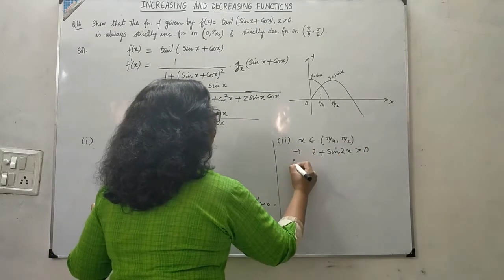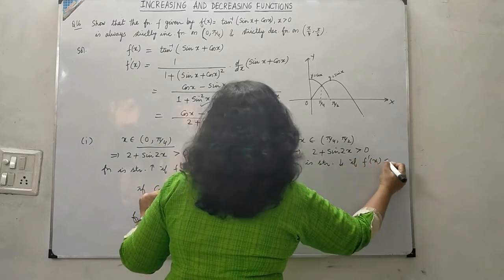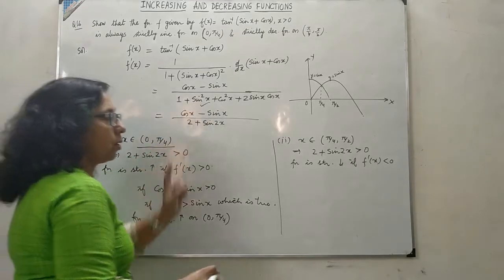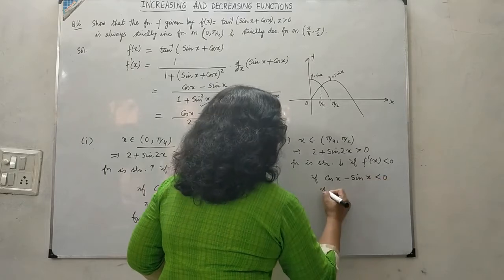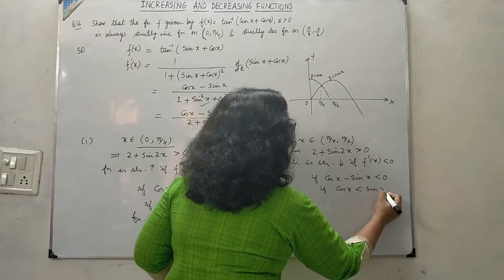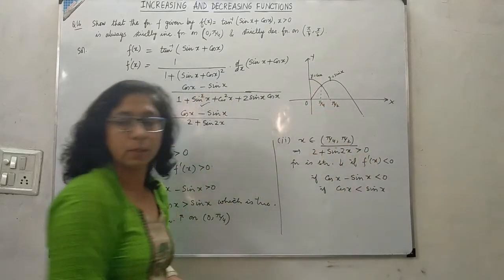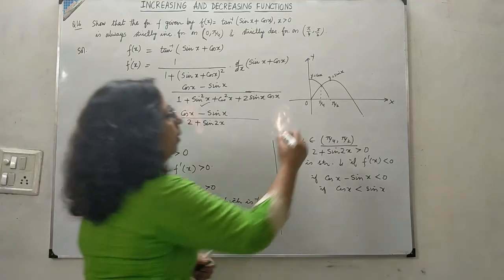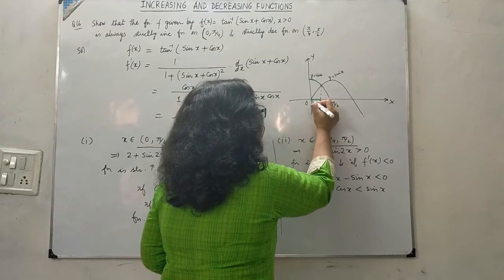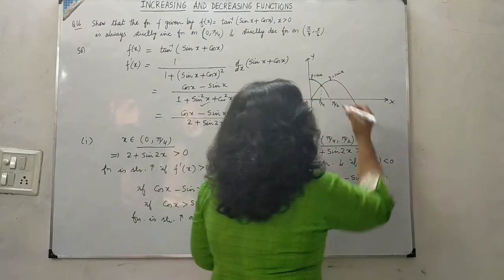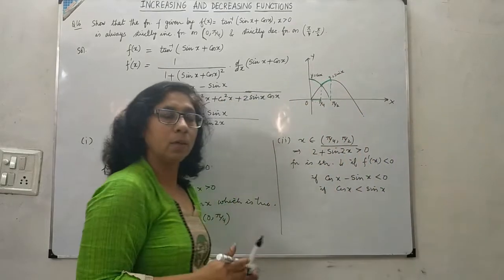And from here the function is strictly decreasing if f dash x is less than 0, and that depends on cos x minus sin x. If cos x minus sin x is less than 0, that means cos x is less than sin x, and then you can see for this interval pi by 4 to pi by 2, on this curve, cos in 0 to pi by 4 is bigger than the sine, and in this part the sine curve is above the cos x curve.